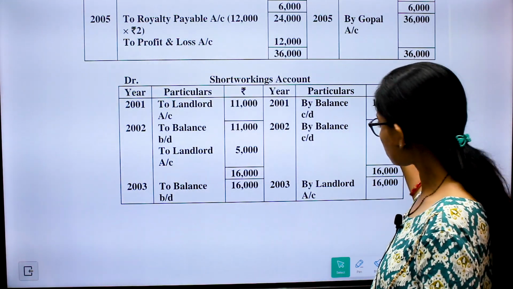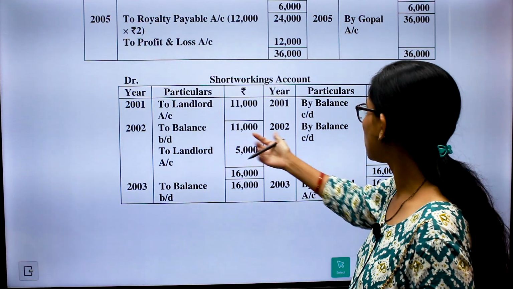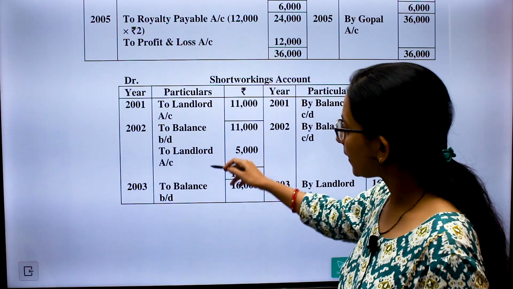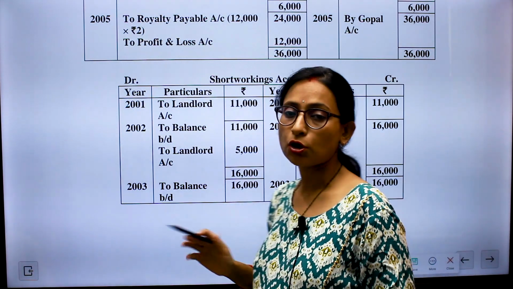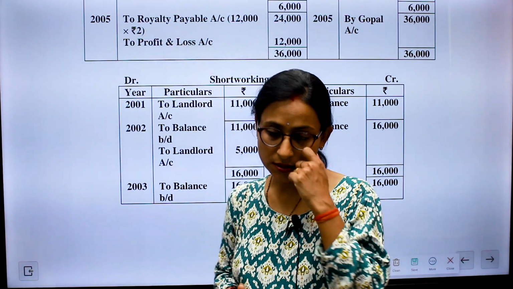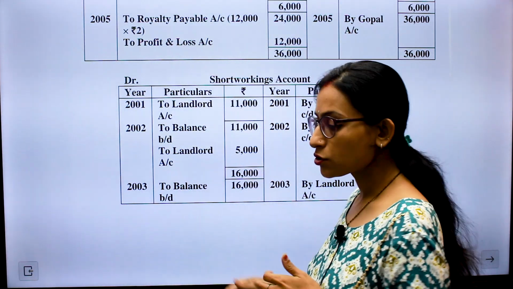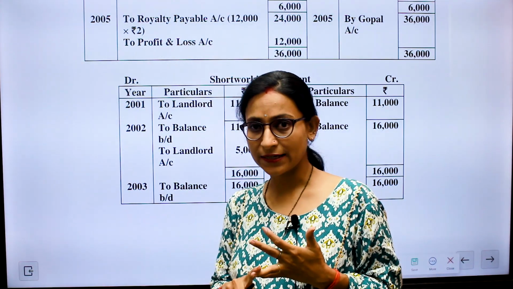Then next year we have brought down this amount, balance brought down 11,000, and in the second year, in the first table, we have the short working of 5,000 rupees. So debit landlord account 5,000. Again there was no recoupment in the second year, no transfer in the second year.